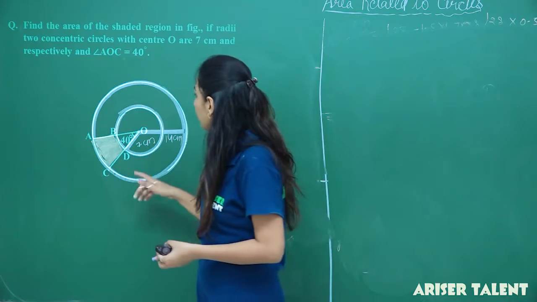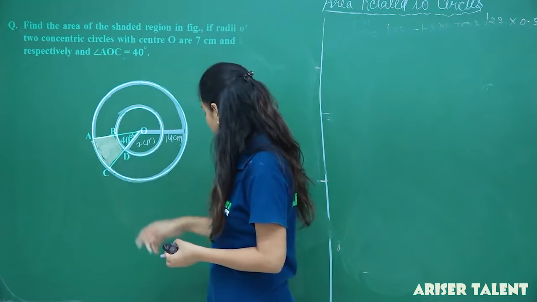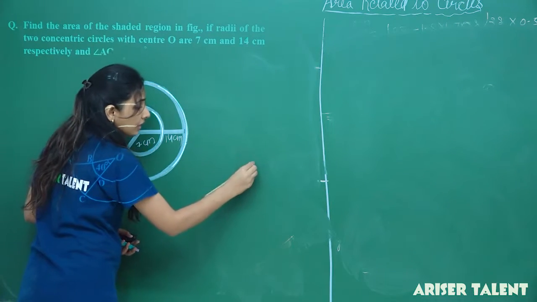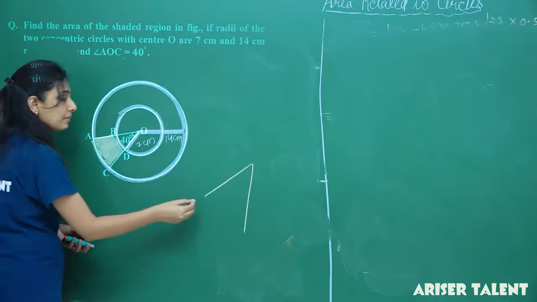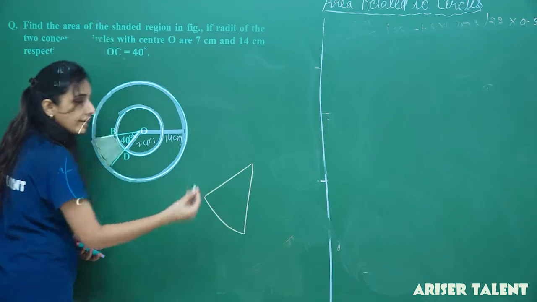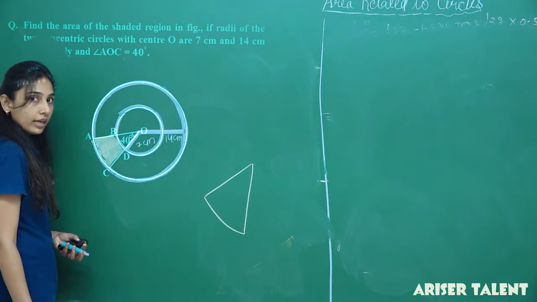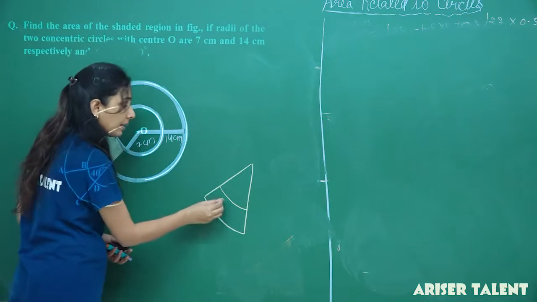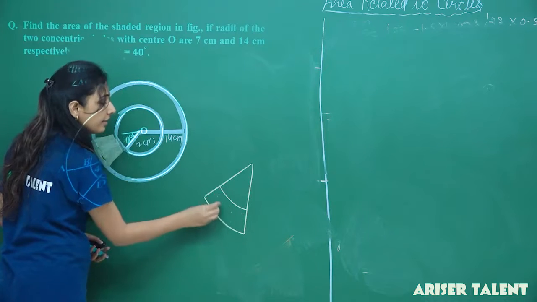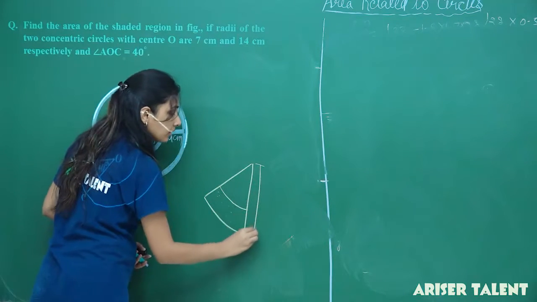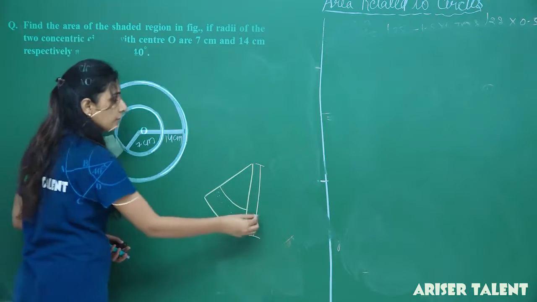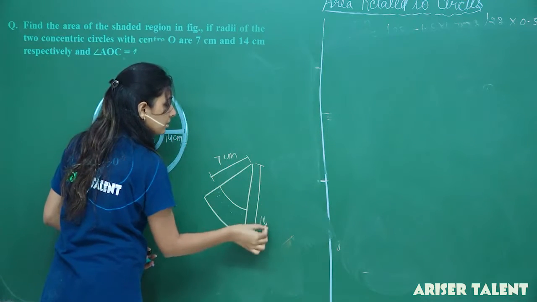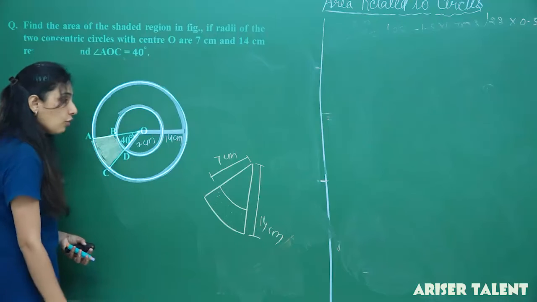Okay. So what I am going to do is, I am having this portion and this is a complete sector, right? Now this is a complete sector. I'm asking about this portion, right? This area. So this is 14 and this is 7 centimeters, right? Now what will I do?